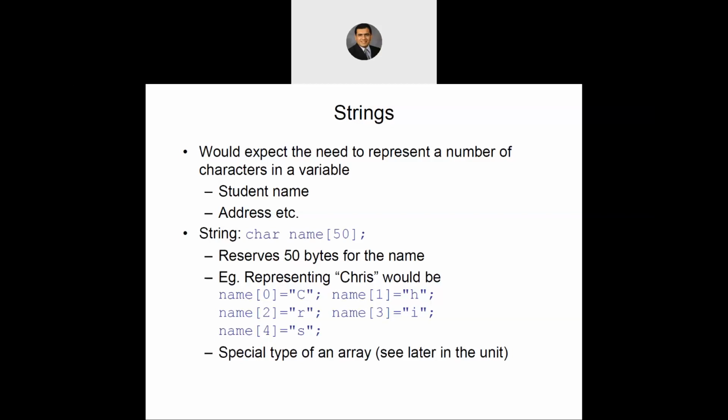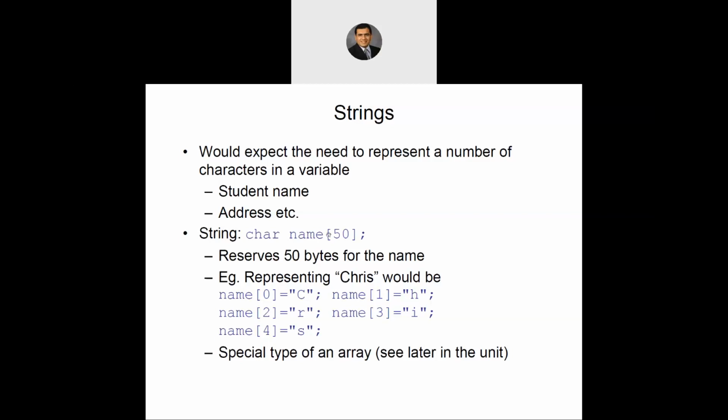Now, you can create a string inside your C programming language. Remember, in C programming language, there is no separate data type as a string. You have to create a string or store a string by creating something known as an array. What is an array? An array is a special variable which has got a dimension. What's the meaning of dimension?